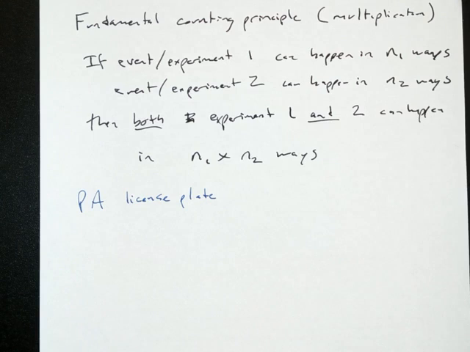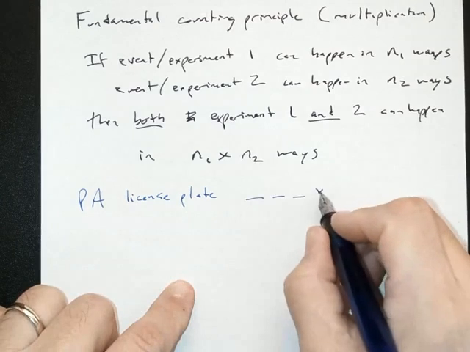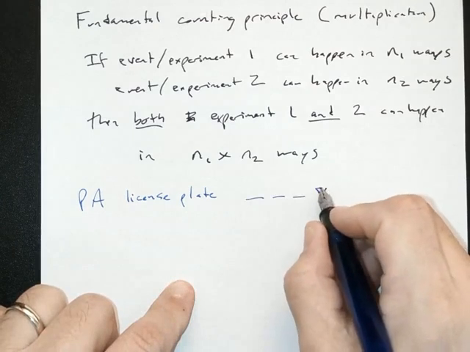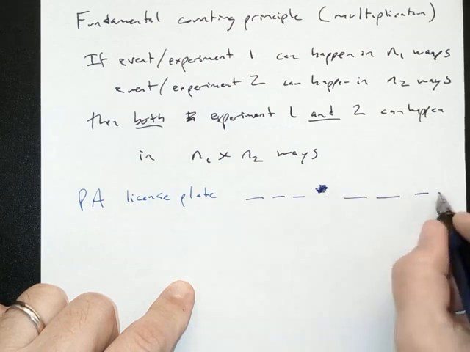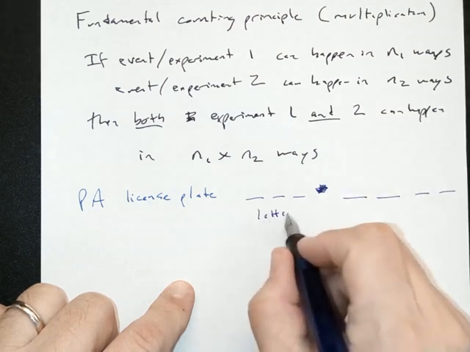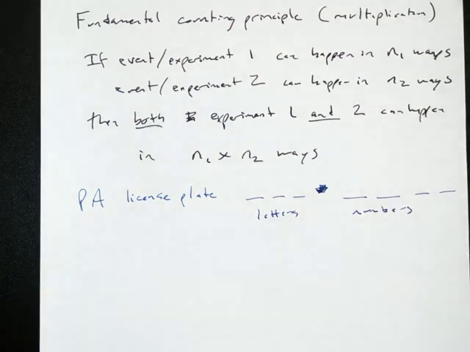It's 3 letters and 4 numbers. Okay, wait a minute. 3 letters, then there's that funny little keystone symbol in the middle, and then 4 numbers. A question for you. How many different Pennsylvania license plates are possible?